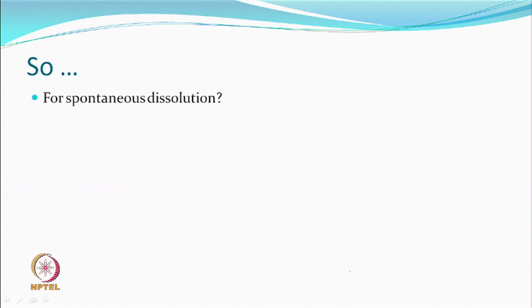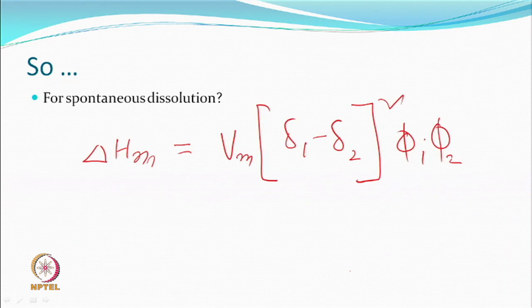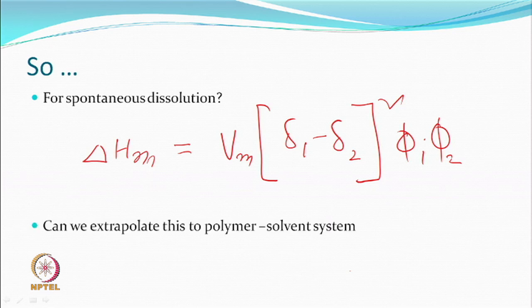So, for spontaneous dissolution, we may require that delta 1 minus delta 2 is as close to 0 as possible, right. If so, then delta Hm will be 0 and the interaction will take place better. Now, you extrapolate this hypothesis to polymer and solvent.